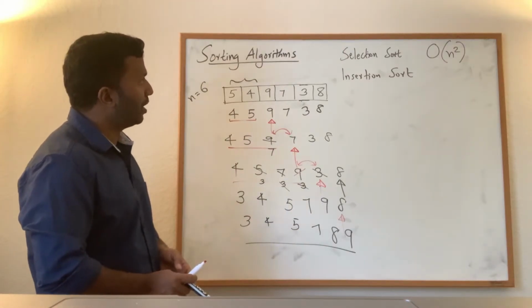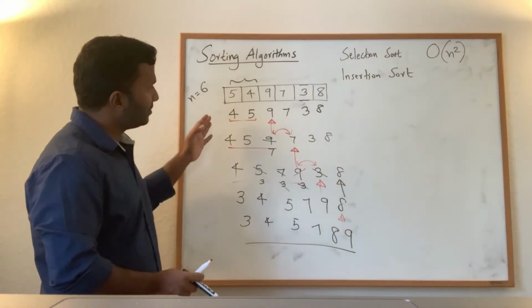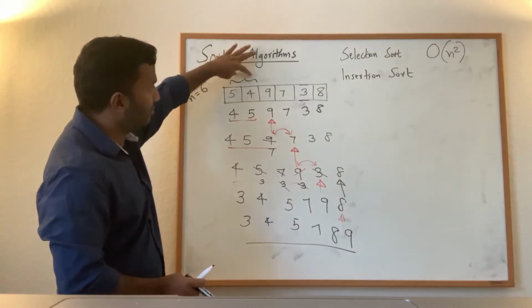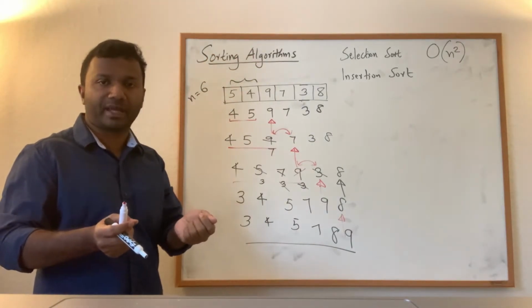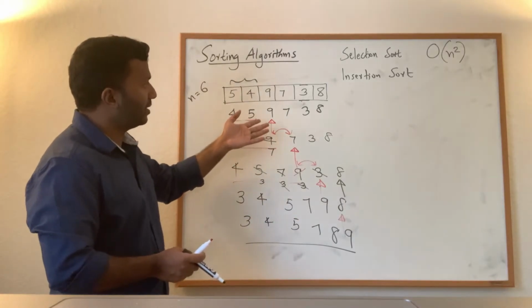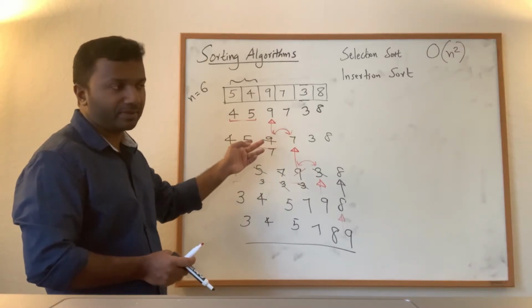Now I just need to bound the time complexity. What you can see here is the first step, right? The first step we are comparing just two elements. So I need one comparison and I might need one swap. The next step, I will do one comparison, then I might have to do a swap.